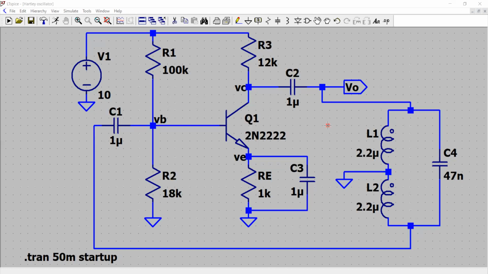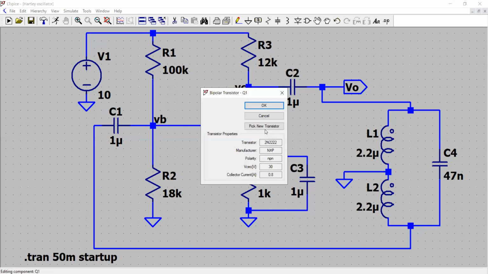So let us understand each of these components one by one. Here is the transistor that I have chosen, the 2N2222. If I right click this transistor, I see the manufacturer name, and I also see it's an NPN transistor with the VCEO, the open circuit voltage between collector and emitter pin, maximum 30 volts before breakdown can occur, and the maximum collector current it can withstand is 800 milliamps.